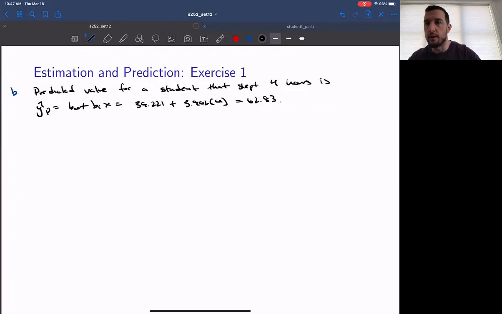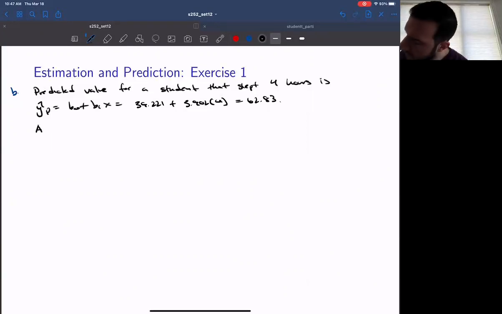So not a fluke. It's the same value, the same number, two interpretations. In part B, we're interpreting the number as the individual score for each individual student. In part A, we were focused on it as a mean for all students that slept that amount of time.